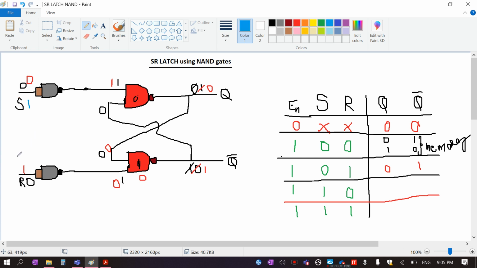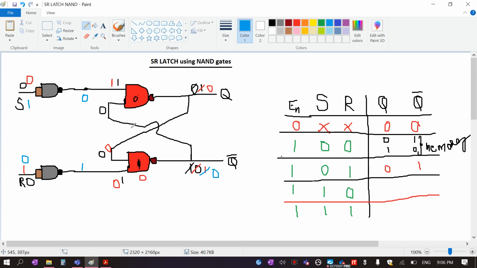Now let us take the other condition, 1 and 0. So 1 will become 0 and 0 will become 1. Now this NAND gate is activated. You need to activate it by seeing this 1. So 1 will be activated, right? 1 passing through this NOT gate will become 0.